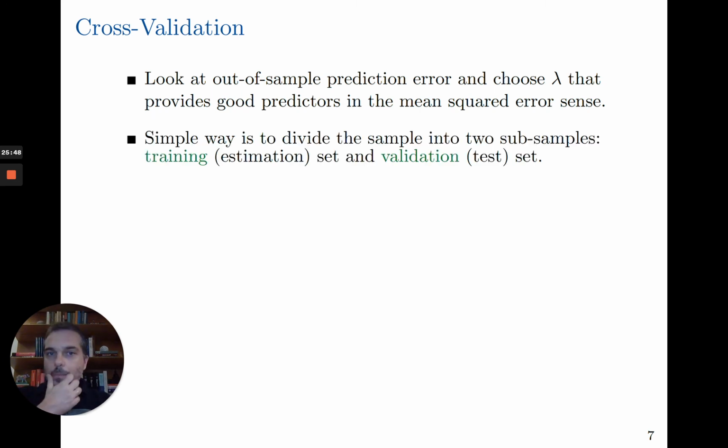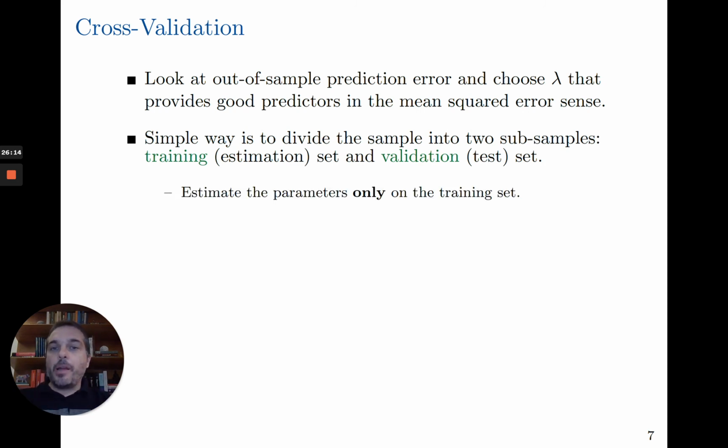So the simple way, cross-validation 101, is to get one sample that will be the training sample. It's the sample where you are going to estimate your model, and then a validation sample, validation or test set, where you're going to validate your models.